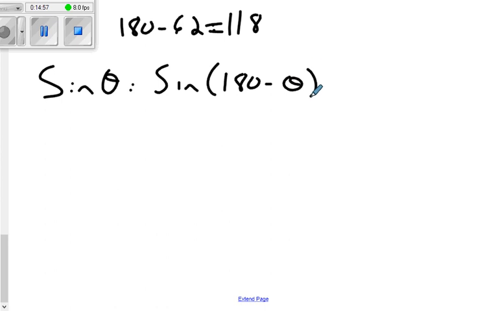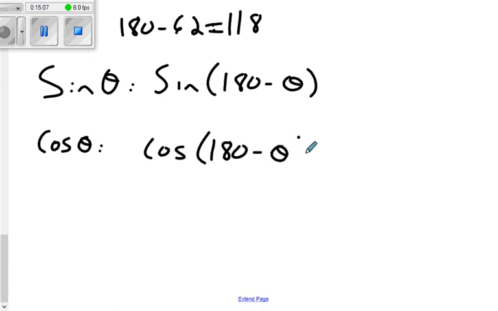For cosine, if you were to do that, your answer is always going to be negative values if your angle is between 90 and 180.